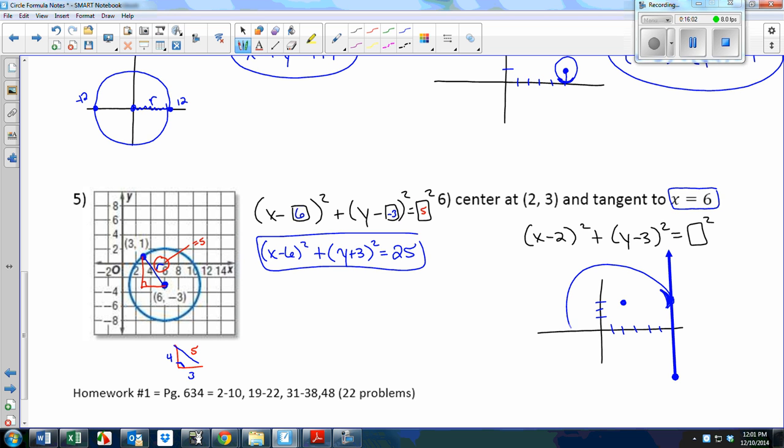So the rest of the circle is out there somewhere, but that gives us enough to know the radius will be from the center to that edge. So how long is that? From x value 2 to x value 6. You got it. r is 4. The radius is 4. So finish it off. The final answer: x minus 2 squared plus y minus 3 squared equals 16.